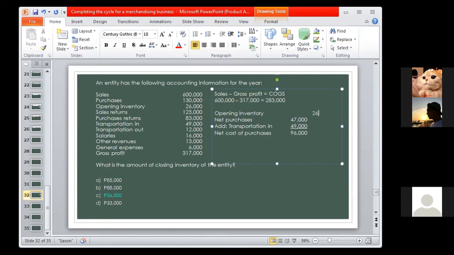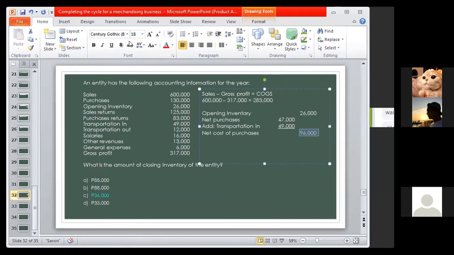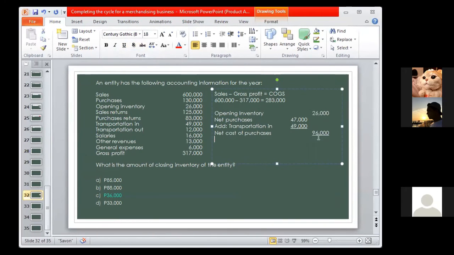Meron tayong 26,000. So 26 plus 96 is equal to 122.